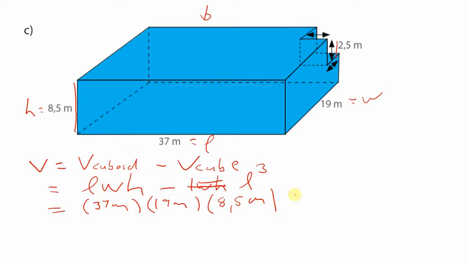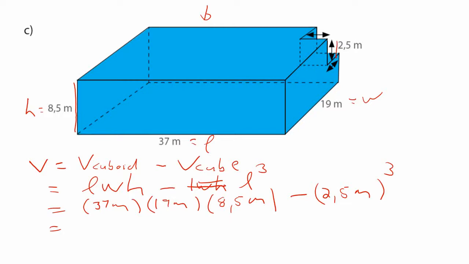So now we have everything for the cuboid. Let's subtract the small cube, the volume of that, so it's the length, which is 2,5 meter to the power 3. So now it's a matter of using your calculators.